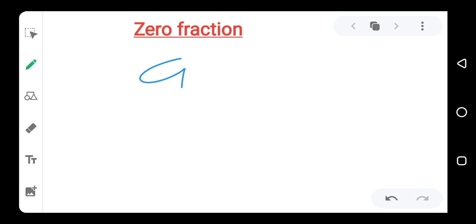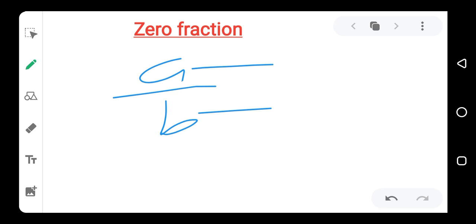If A/B represents a fraction, this is the numerator and this is the denominator. Now, in zero fraction, our goal is to make the numerator equal to 0.